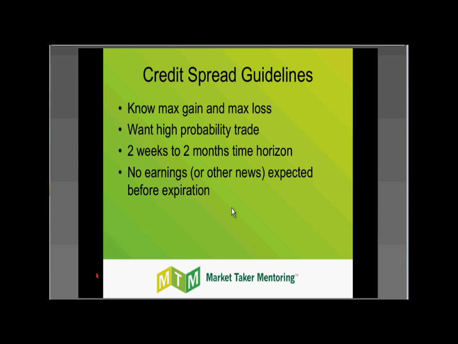I'll show you how to figure that out in a minute. You want to structure this as a high probability trade. You hear people talk about credit spreads. This is why. Credit spreads can be structured as high probability trades. They can be set up where if I make 10 of these trades, I'm highly likely to win on at least 8 of them.